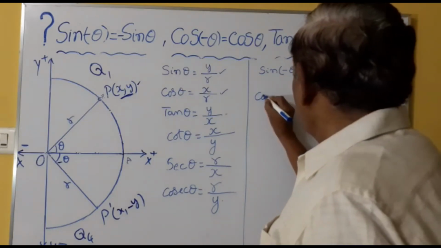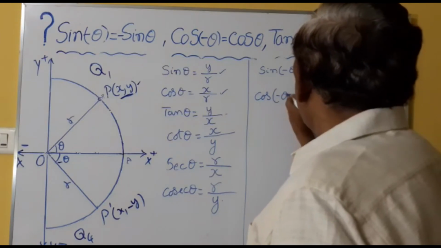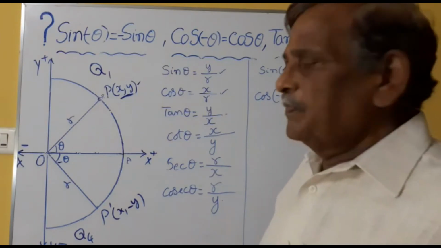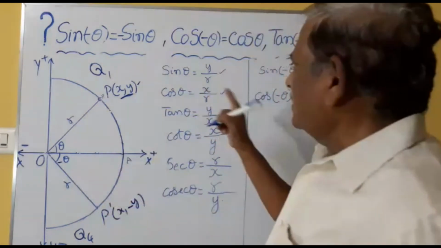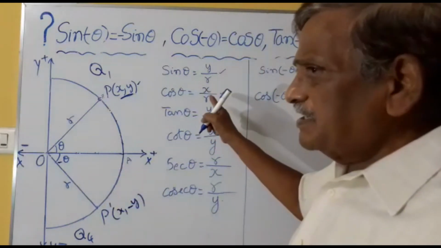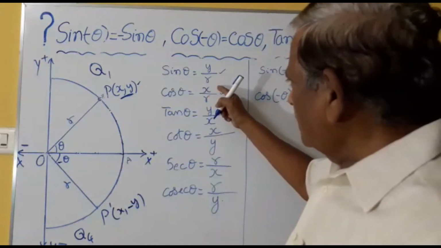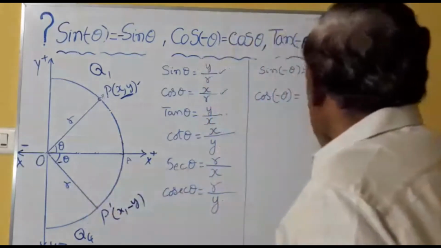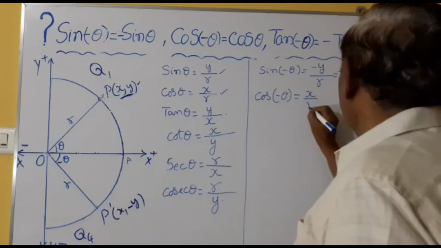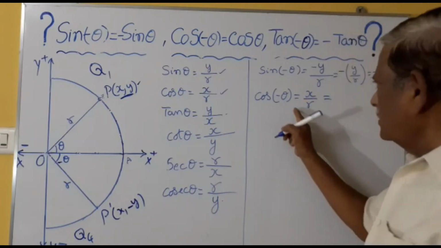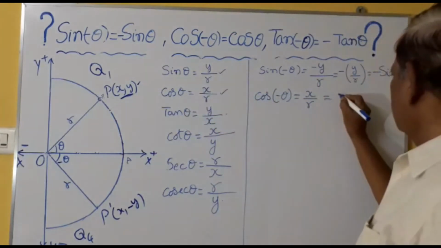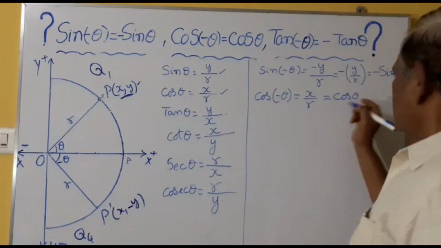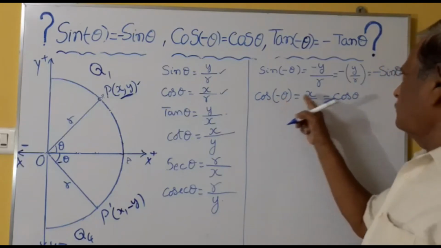Similarly, cos minus theta equal to, what is the definition of cos? X coordinate by radius. Therefore, x by r. But x by r is cos theta. Thus, cos minus theta equal to cos theta.